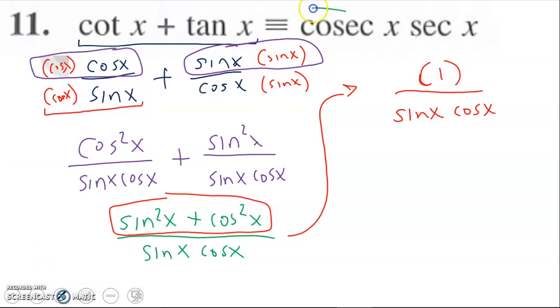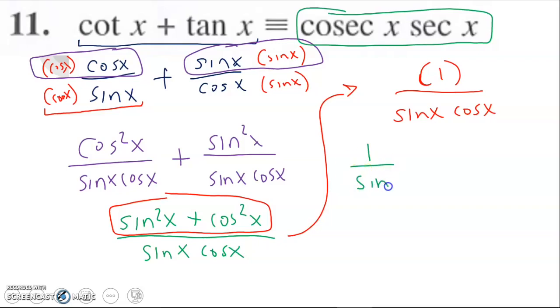Okay, so here's what you could do now, right? Because again, here's my goal. I need to prove that it's identical to cosecant and secant. I can split these apart and say 1 over sine x times 1 over cosine x. Again, that's just equivalent to what I have here. But I'm splitting them apart so I can prove this identity.